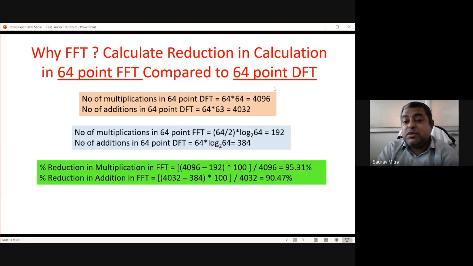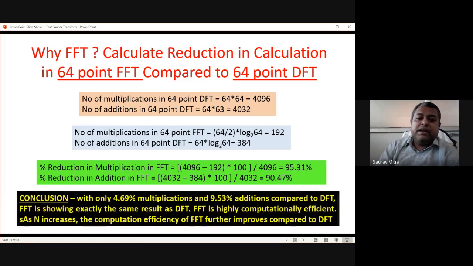So this percentage keeps on decreasing, it is 4.69% here, as n keeps on increasing. For 64 points we are finding a reduction of 95.31%. Maybe for 1024-point DFT or FFT, you will find this result going to 98% or so. Very easily you can calculate and find out.